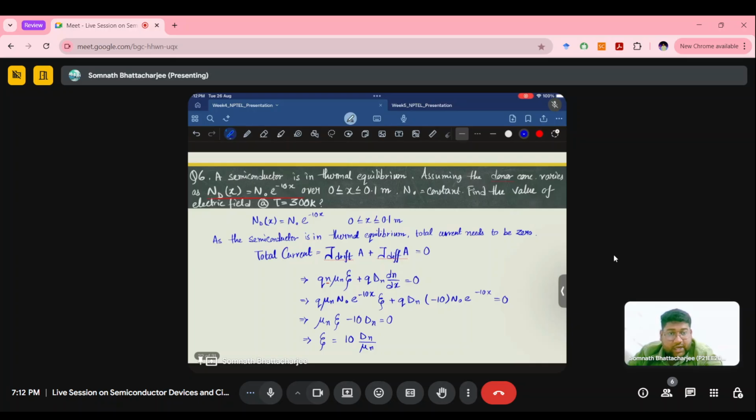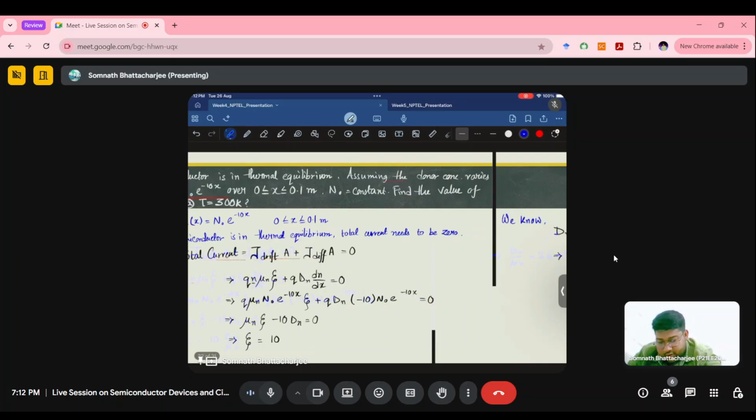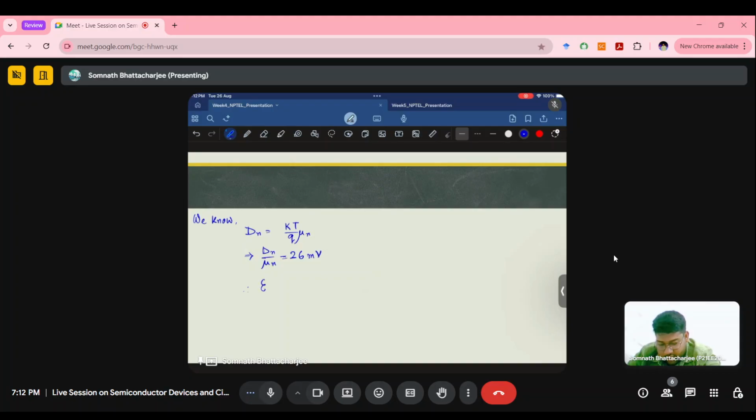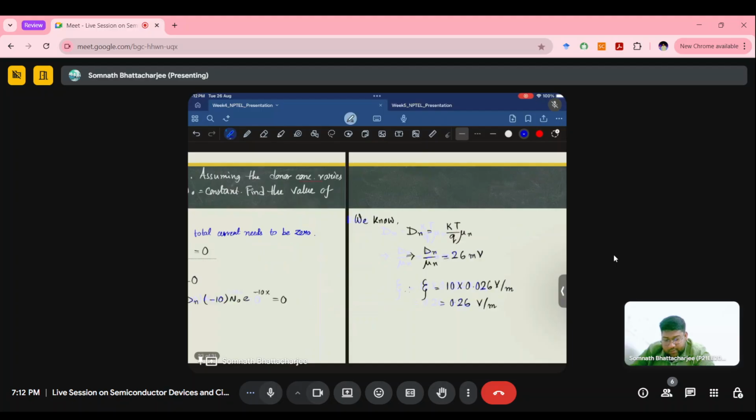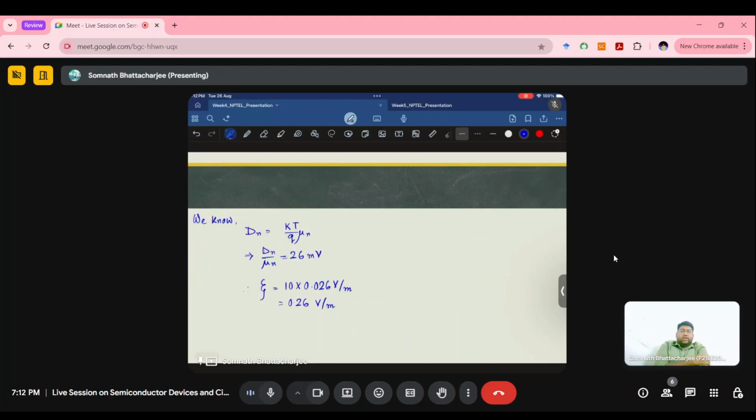So we know the value of D_n by mu_n, and we can directly get E as 10 multiplied by 26 millivolts, which we write as 0.26 volt per m. So we needed to find the electric field at T equal to 300 Kelvin, and we get the electric field as 0.26 volt per meter.